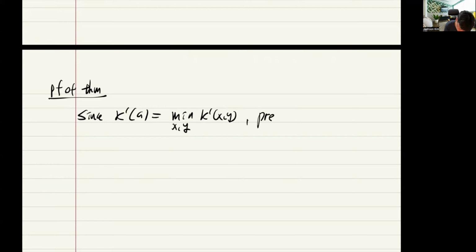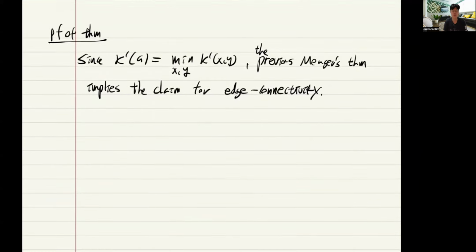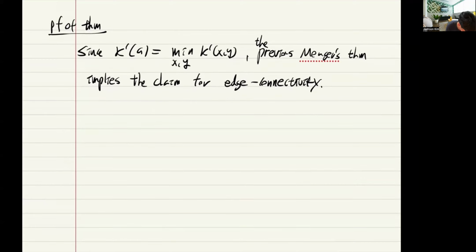So the previous one implies this. We only have to be careful with the vertex one, because the previous one considers all the pairs which are not adjacent. The adjacent pairs are not considered.